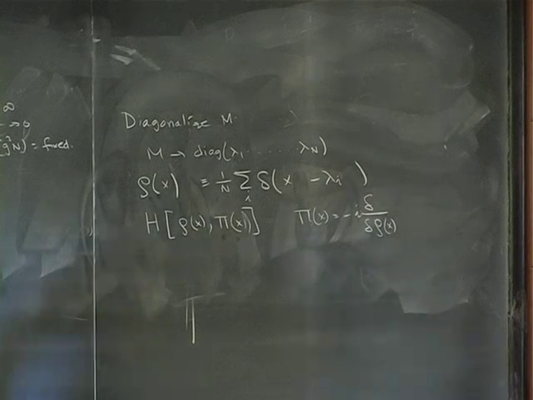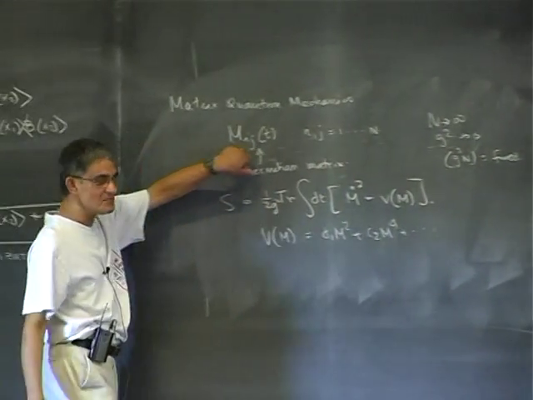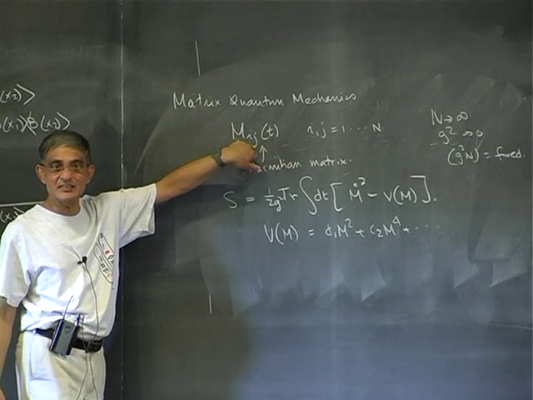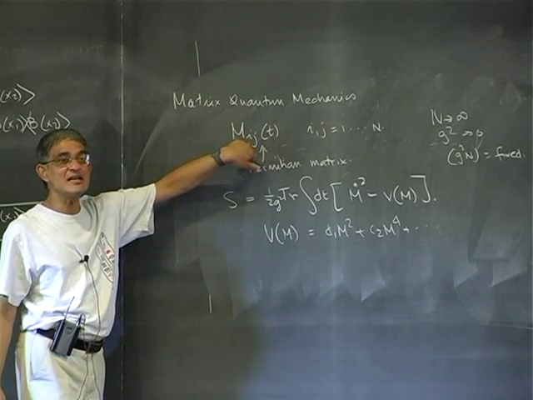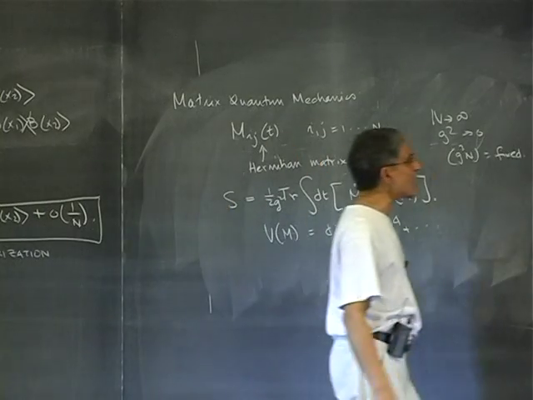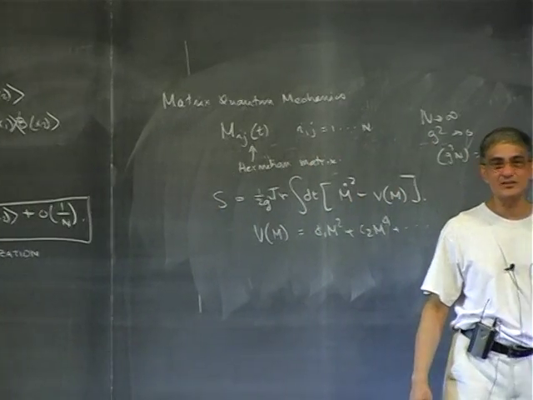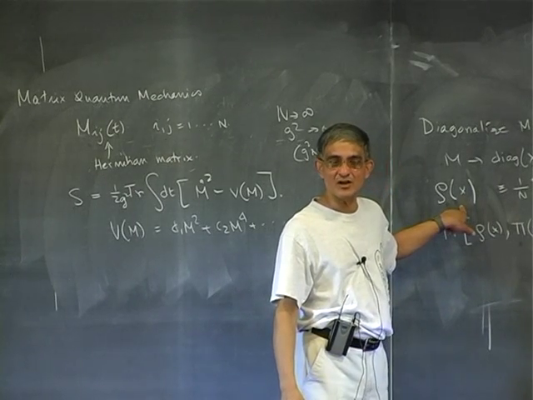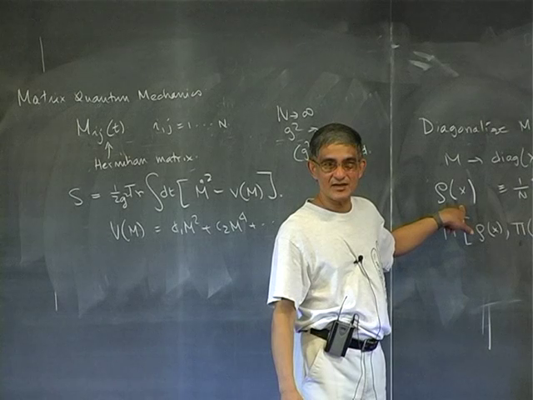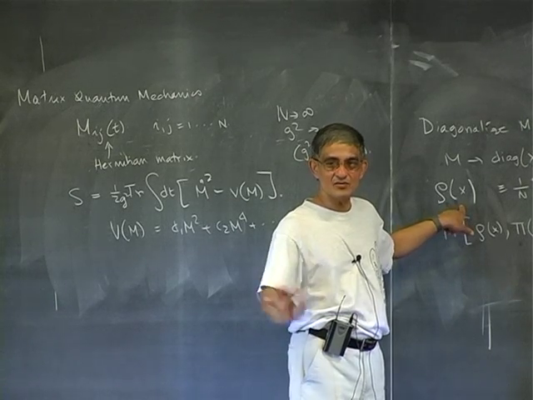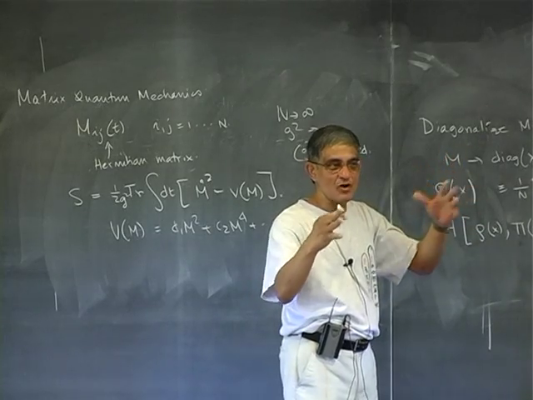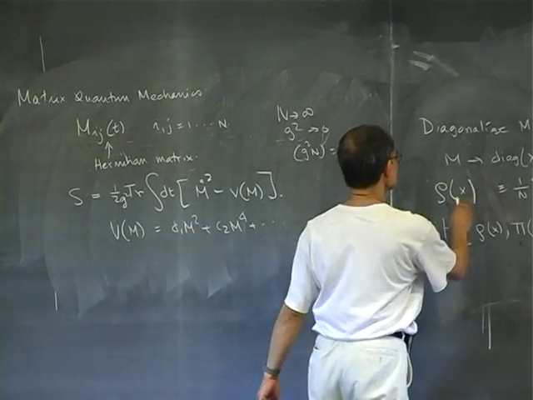Here I started out with quantum mechanics of n square degrees of freedom, which were represented by this matrix Mij, and when I looked at the singlet sector of the theory, what I ended up with is the quantum mechanics of a field. It's a field in one dimension. But there is no n square anymore. Somehow all this n square got packaged into an extra dimension.